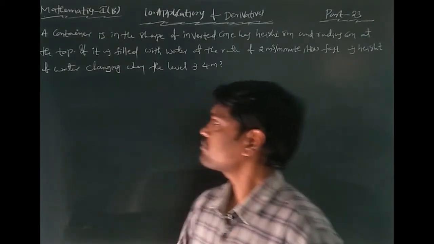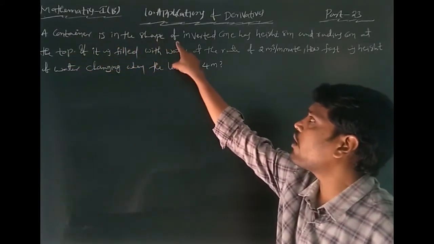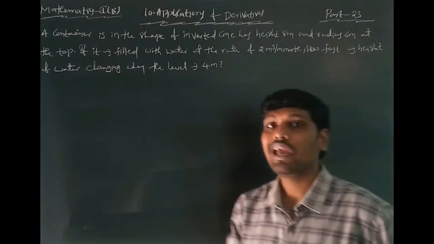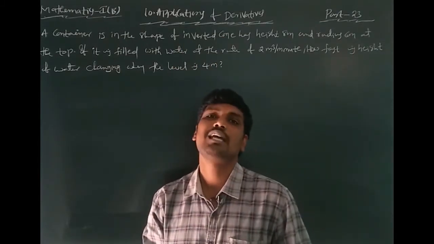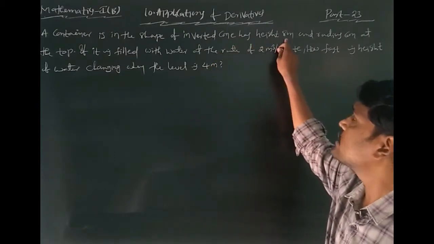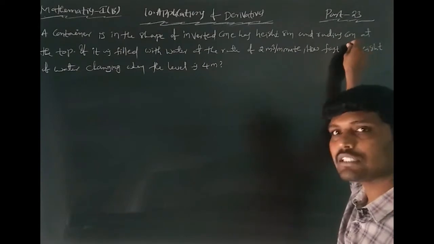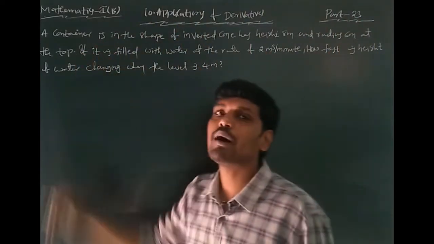What is that problem? A container is in the shape of an inverted cone. It has height 8 meters and radius 6 meters at the top of the cone.